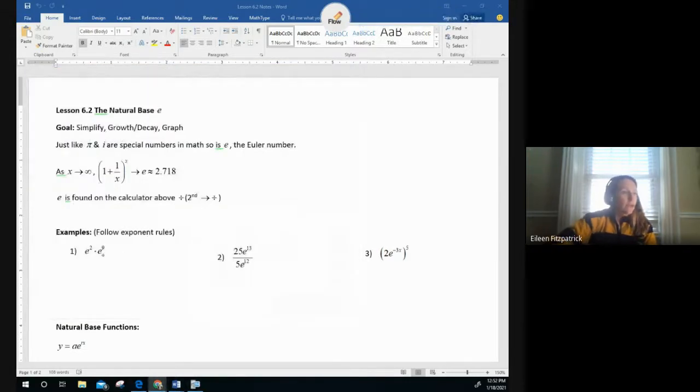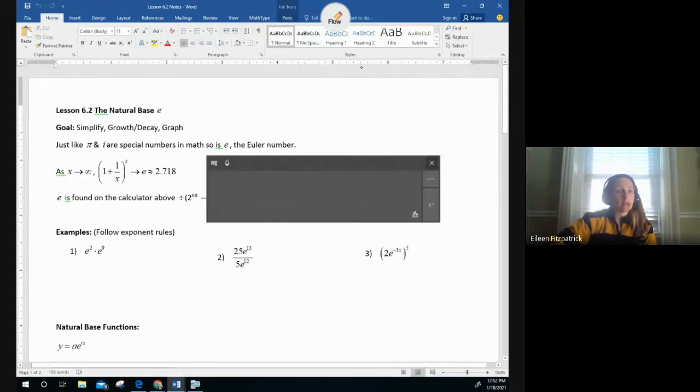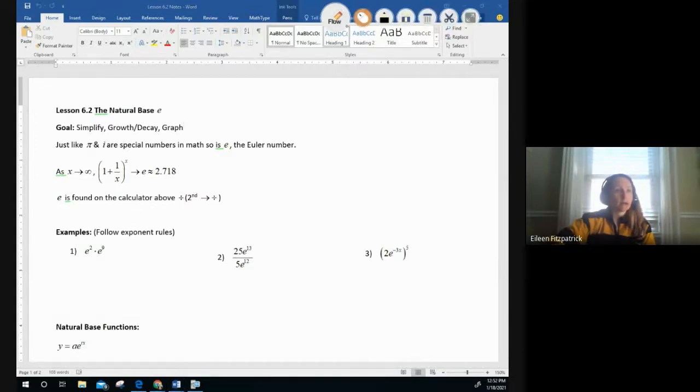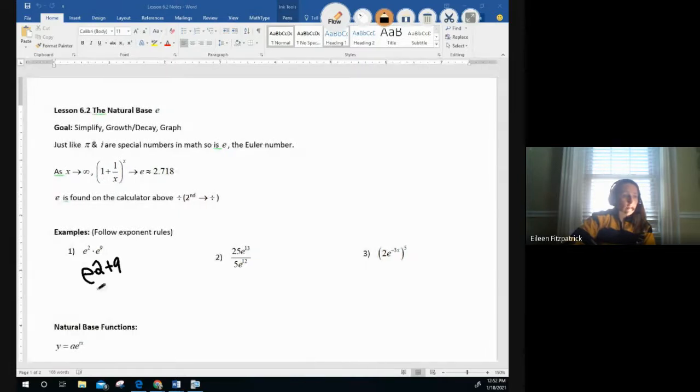All right, so to simplify, the nice thing is we just follow exponent rules. So if we're simplifying E to the second times E to the ninth, I don't know why that box keeps popping up all the time. But if I'm evaluating E to the second times E to the ninth, our exponent rule would be to add the exponents, right? If it was x to the second times x to the ninth, so it's E to the 2 plus 9, which is just E to the 11th.